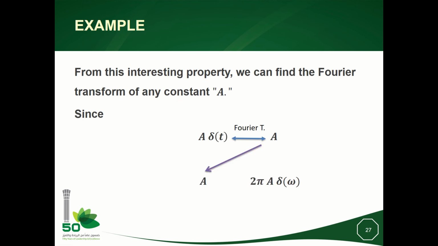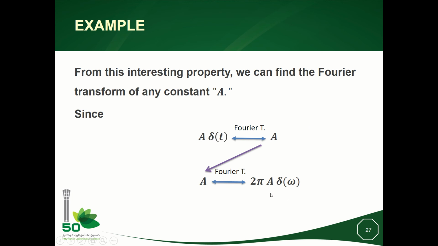How about if we reverse this, having a constant a in time? What should its Fourier transform be? It's like I have f of t giving a capital F of omega, and then I reverse it from capital F. So it is 2 pi f of minus omega, which is a delta of minus omega, but delta of minus omega is equal to delta of omega.